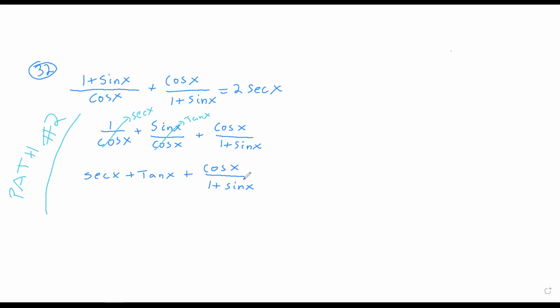As Joel noticed, that's good because I need 2 secants. I already have 1, but I need another one, so I'm going to have to eliminate that tangent.